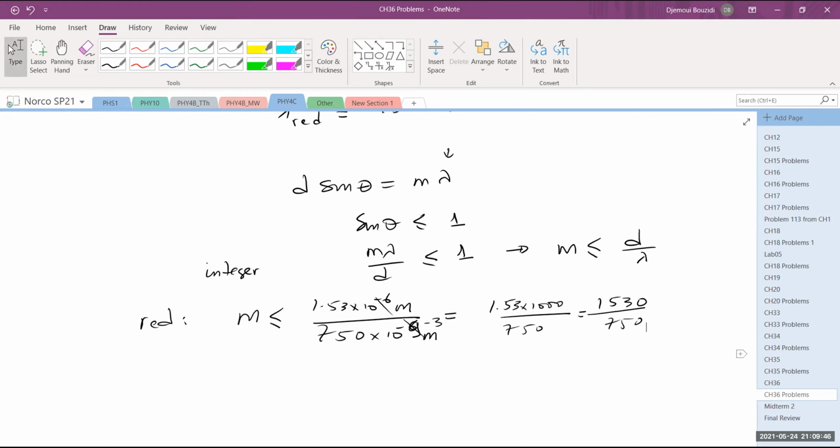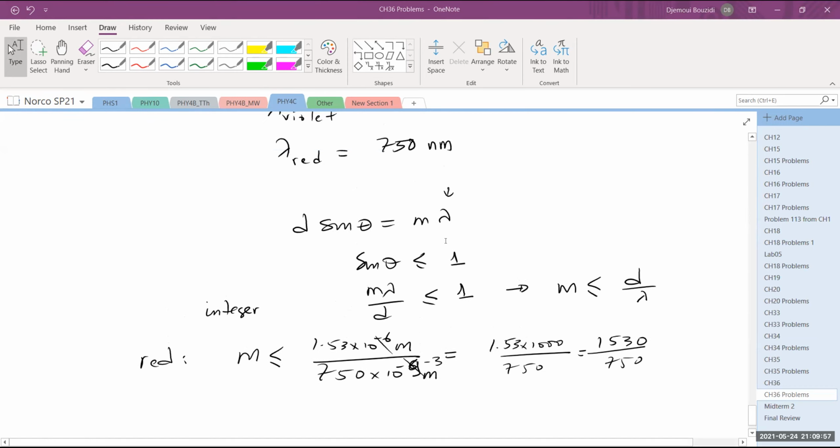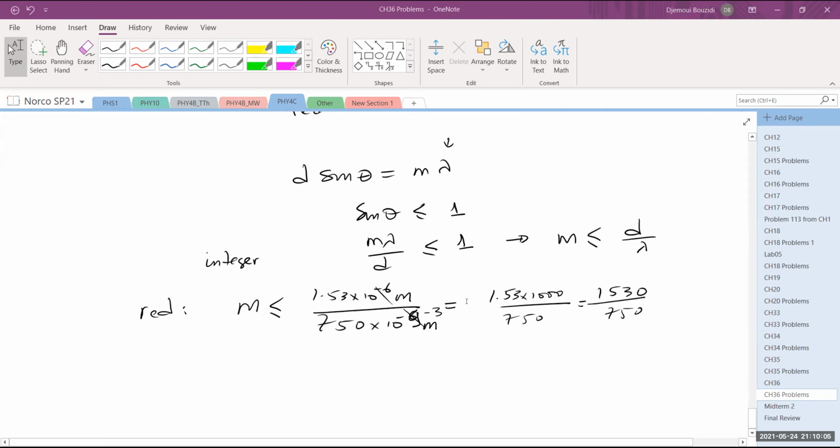And how much is that? Did I put it right in here? m lambda over d, so m is less than or equal to, yes, that's correct.